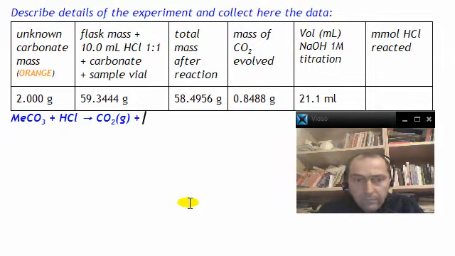and another salt remained dissolved. That was the chloride of the metal. So we have this kind of chloride dissolved.